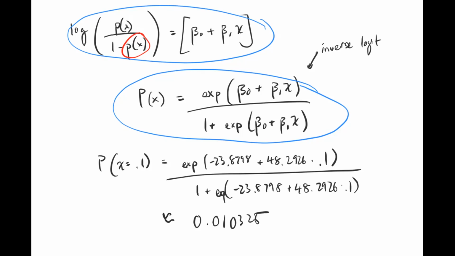The difference is, in the linear one, we used to say this, right? Beta 1, x1. So as x1 goes up by 1, then y goes up by beta 1, right?